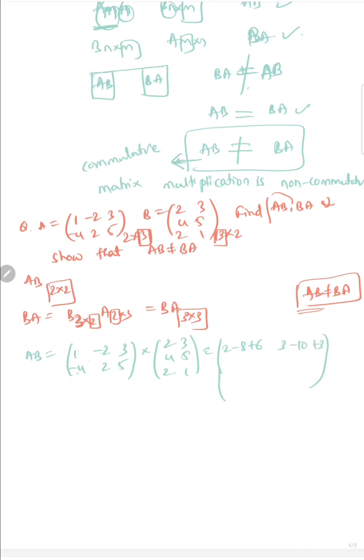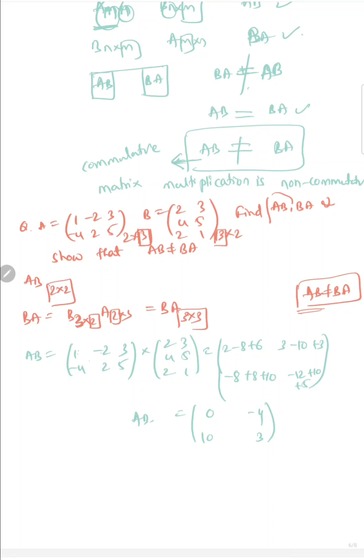Second row with first column, -4 into 2 is -8, 2 into 4 is 8, 5 into 2 is 10. Second row with second column, -4 into 3 is -12, 2 into 5 is 10, 5 into 1 is 5. So this is 6 minus 8 plus 2, which is 0, this is -4, this is 10, and 15 minus 12, this is 3. So this is about A into B.